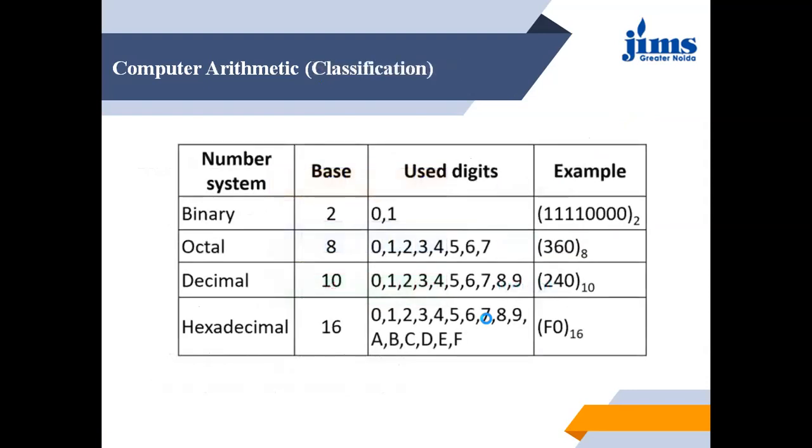So we will try to understand examples of these different number systems, and we will study the basic concept of the binary number system, as we have to use it in our arithmetic operations.